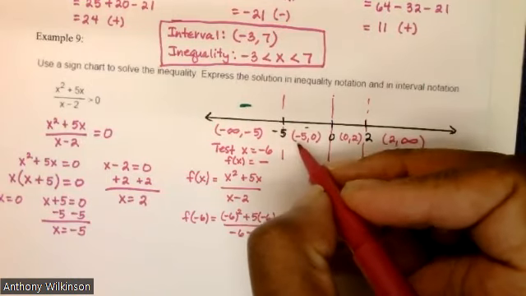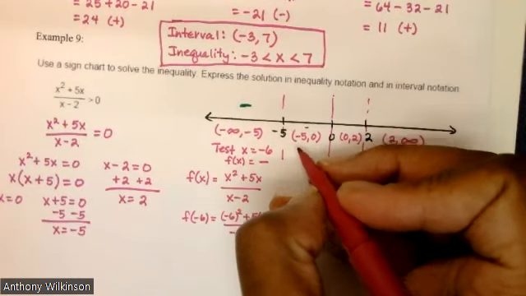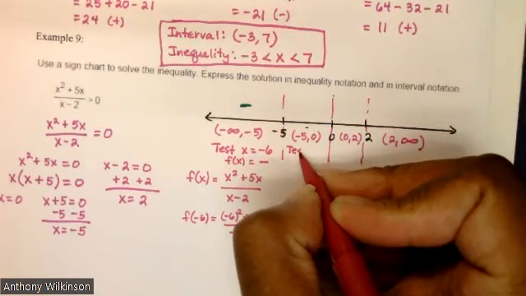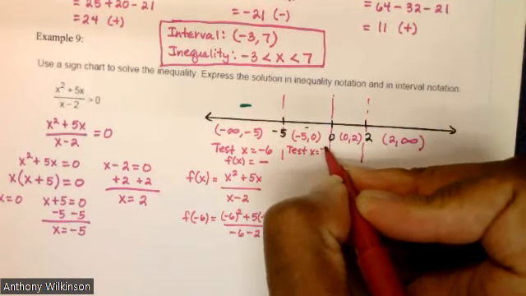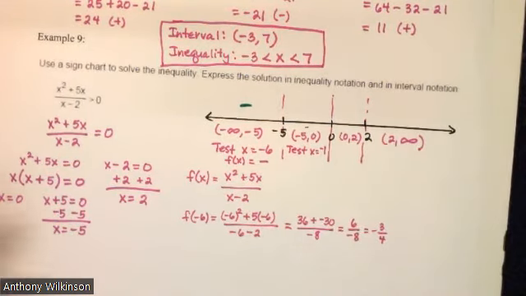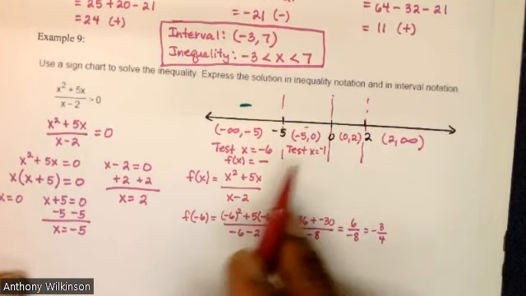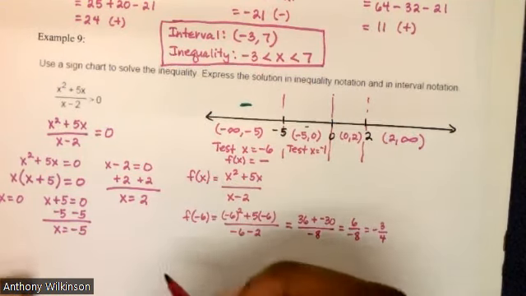And then from -5 to 0, I will pick -1 as the test value. So I'm going to test x equal -1. And here's my function here. So I'm going to replace each x with -1.